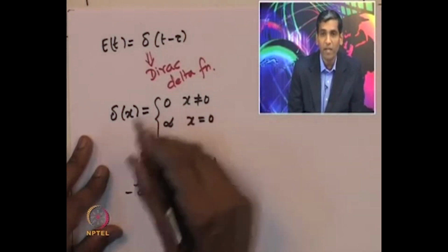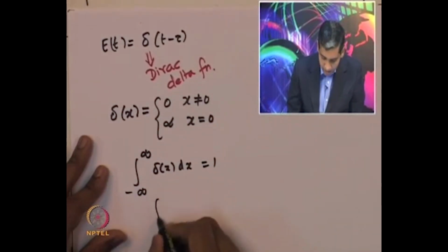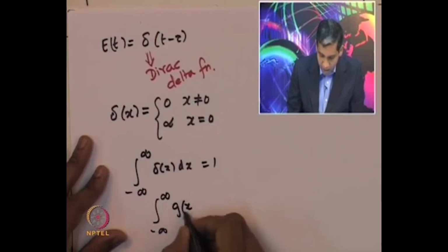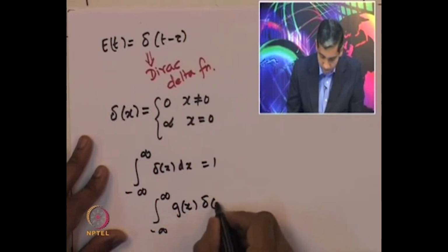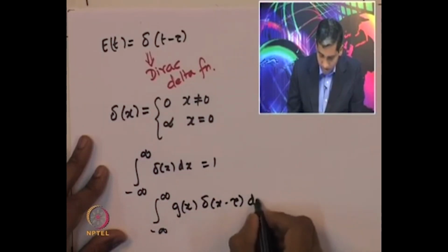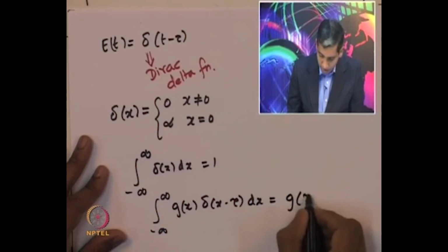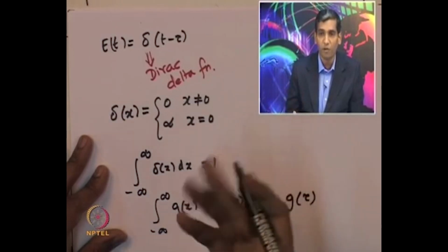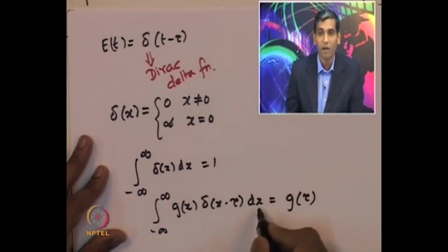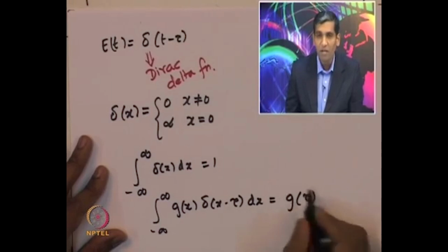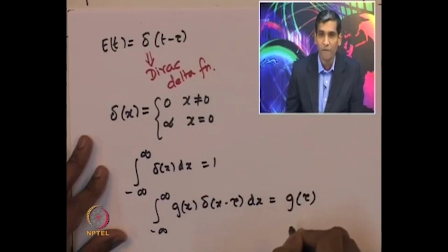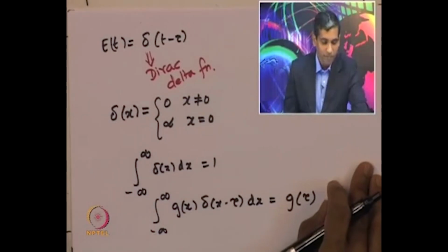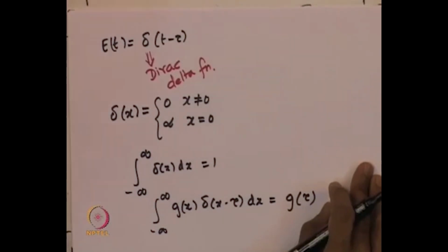In addition to that, another important property is that it satisfies the convolution integral: the integral of g of x, if g of x is some function of x, multiplied by the delta function into dx, is equal to g evaluated at tau itself, where x minus tau is equal to 0. That is where the spike is present.